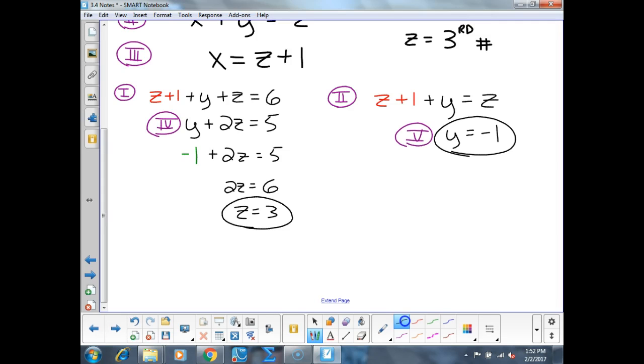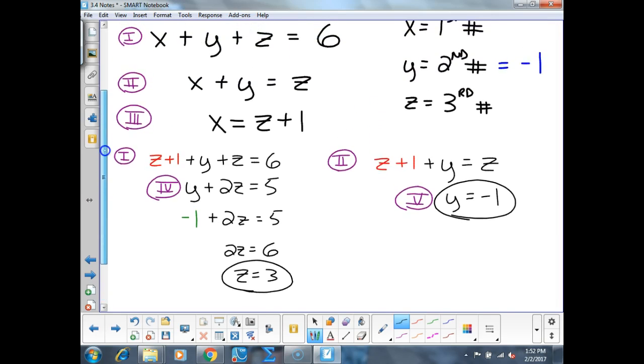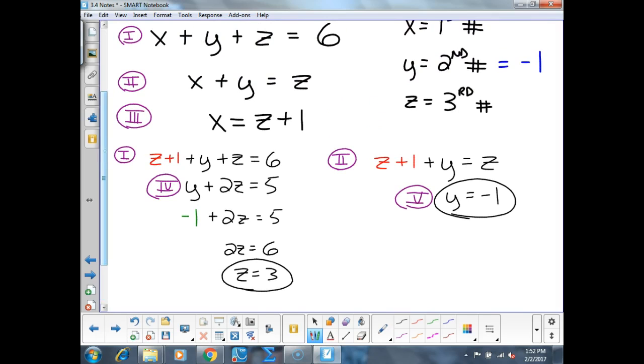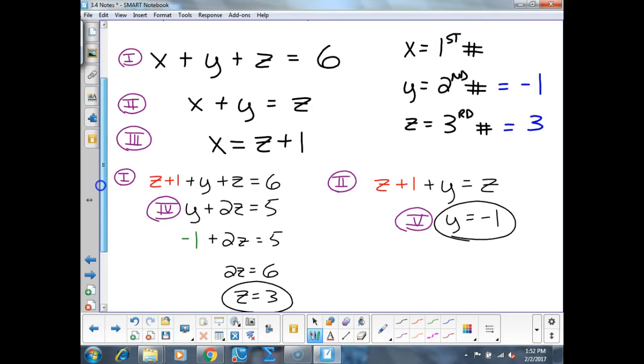And you put both of those into one of the equations. Which one would you put it into? 1, 2, or 3? No. 2. 3. There's no y, so then I don't have to worry about it.